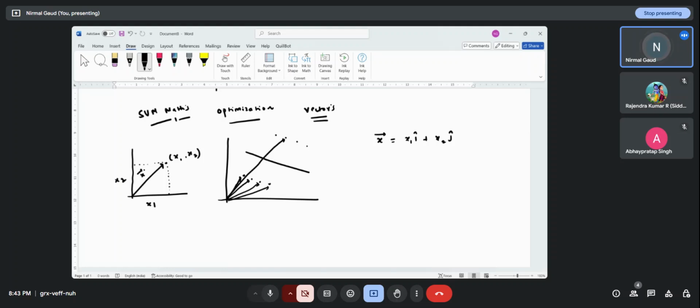So I can write a vector in this way: x1 i cap and x2 j cap. i cap and j cap are the unit vectors in direction of x and y. Okay, so that's what it represents.